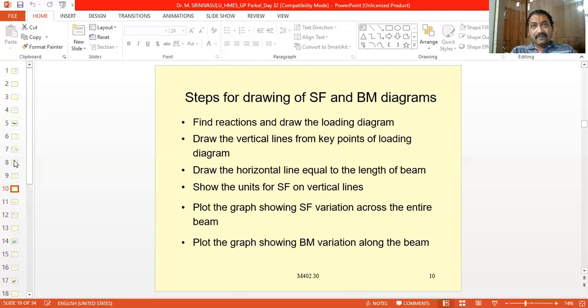Here we should know that the support reaction will always act upwards at the supporting points, and similarly the loads acting on the beam will always act vertically downwards, which means at right angles to the axis of the beam.